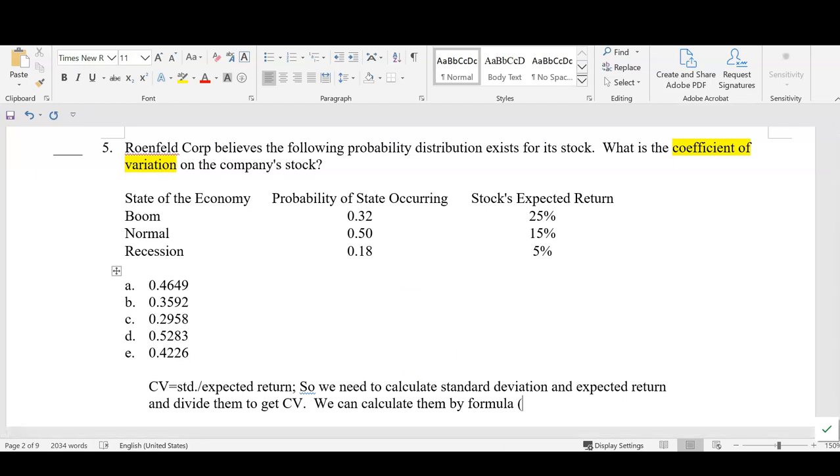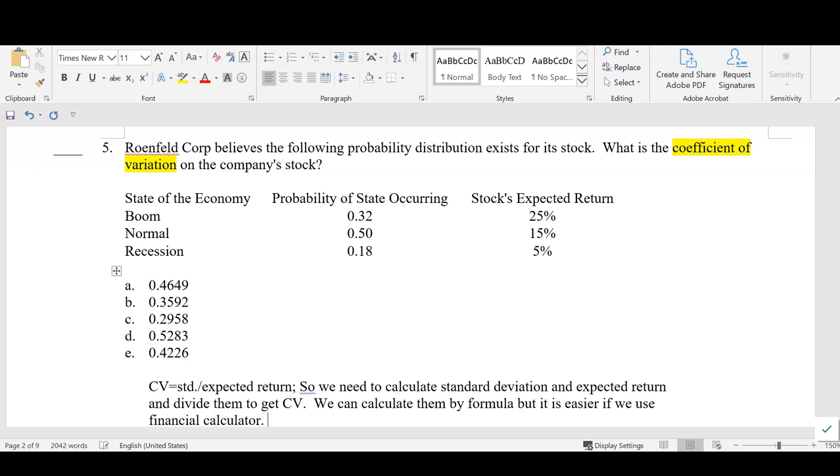That gives us standard deviation. For expected return, we can just multiply the 3 expected returns in each scenario by the 3 probabilities. We can solve this by formula, but it's easier if we use the financial calculator.